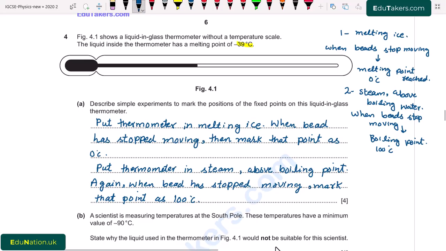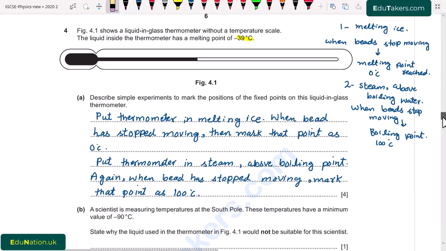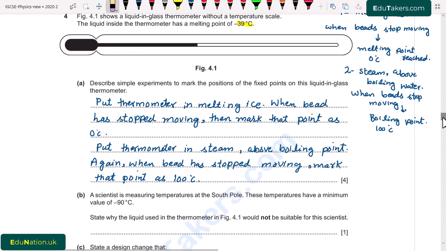In part B, a scientist is measuring temperatures at the South Pole. These temperatures have a minimum value of minus 90 degrees C. State why the liquid used in the thermometer in figure 4.1 would not be suitable for the scientist.